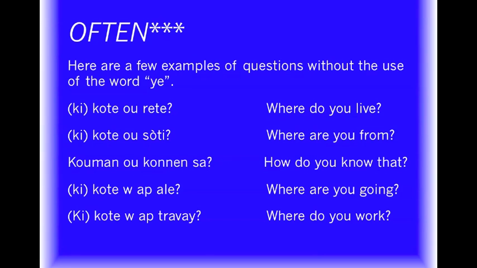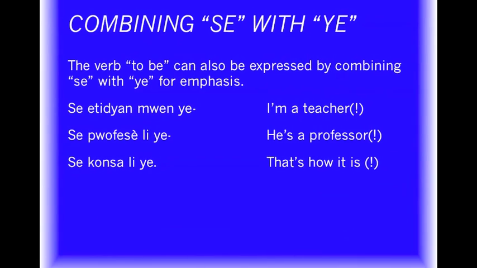So let's go ahead and move on to the next one. Combining se with ye. So this can be kind of confusing. We'll do some more exercises to get used to this, but se and ye can also be combined in order to express or convey to be. So you can say moi c'est étudiant, or you can say c'est étudiant moi ye.